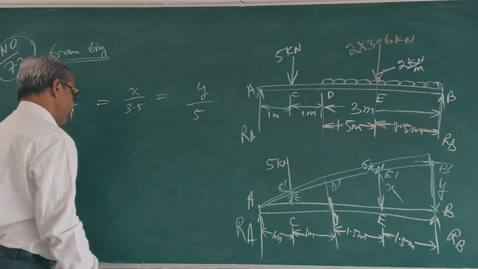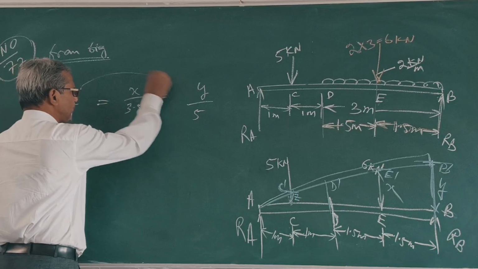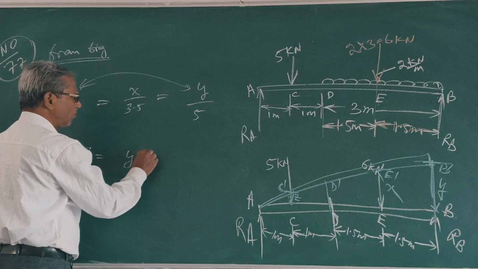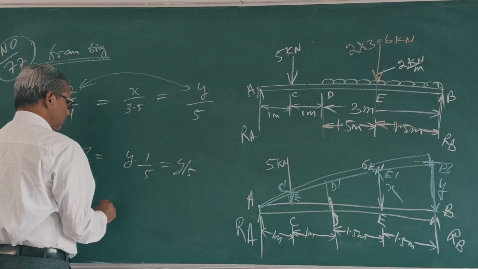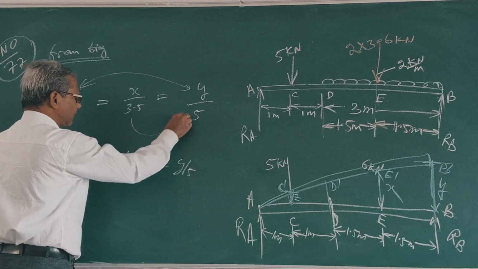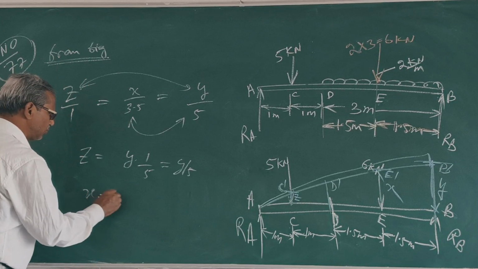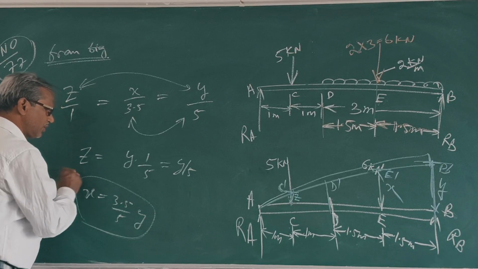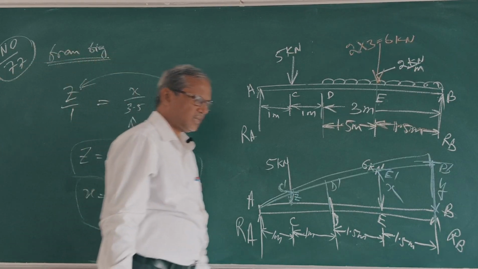So z is equal to y into 1 by 5, so y by 5. And x is equal to 3.5 by 5 y. This is x, z. Right?